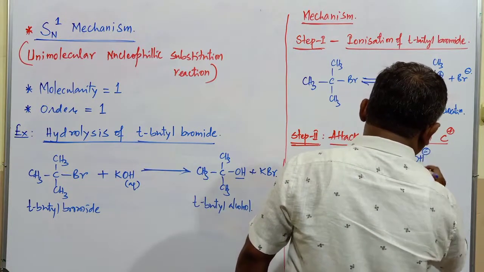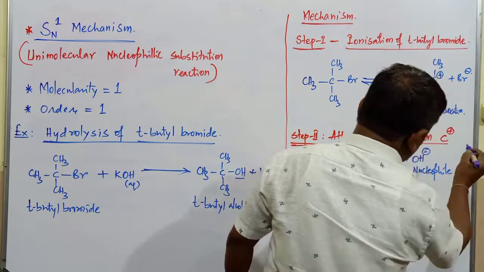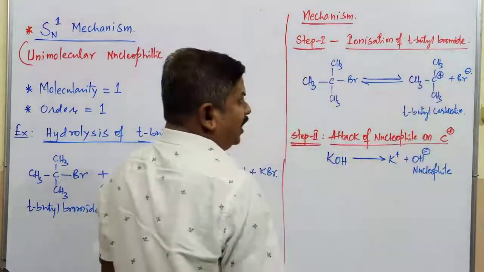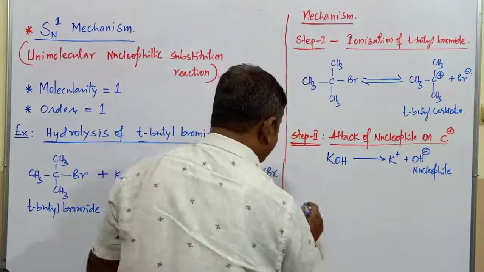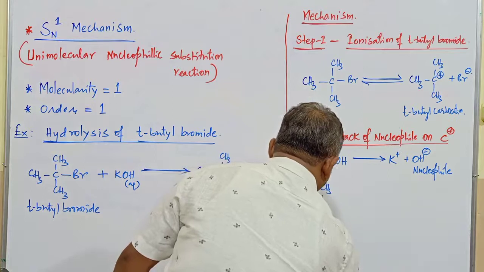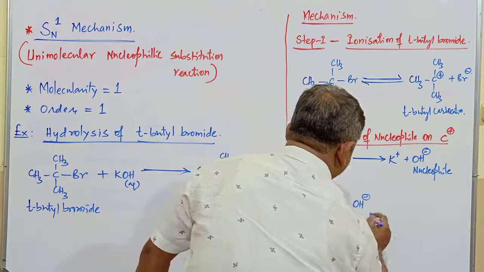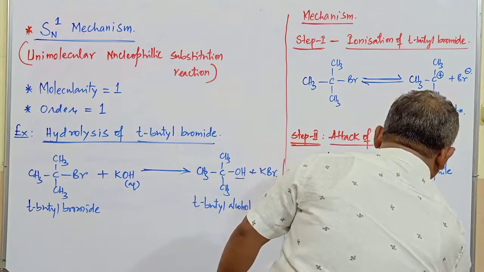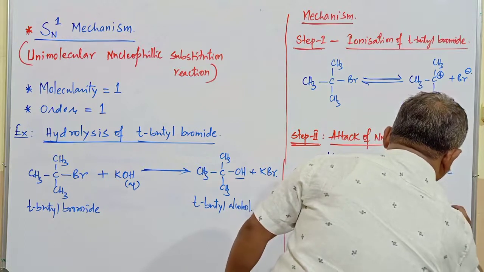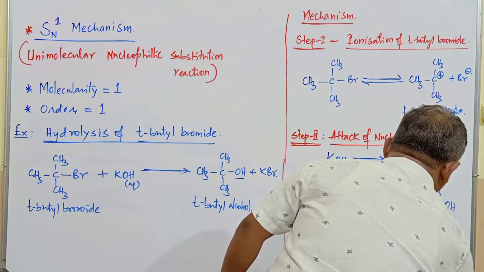Now this OH- is the nucleophile. It attacks easily on the carbocation because the carbon atom bears a positive charge. This is CH3, carbon, CH3, CH3 with positive charge, and OH- attacks here. Whenever OH- attacks this carbon atom, we get CH3, CH3, CH3 and OH. The product is tertiary butyl alcohol.